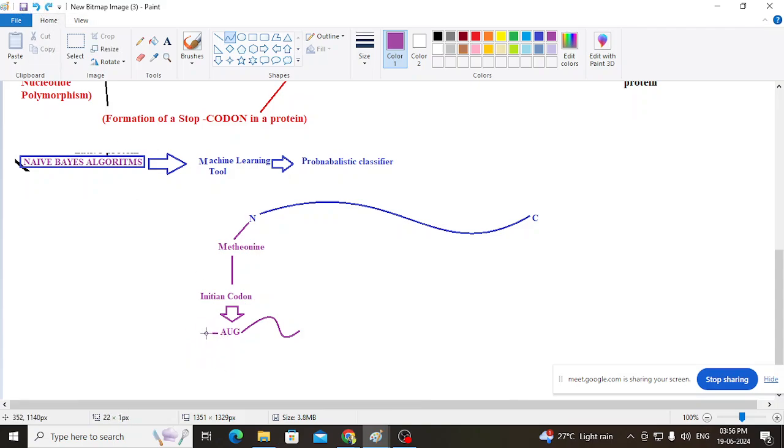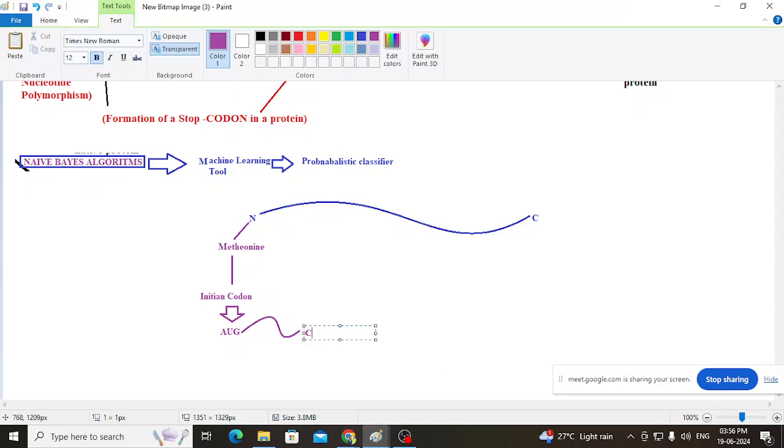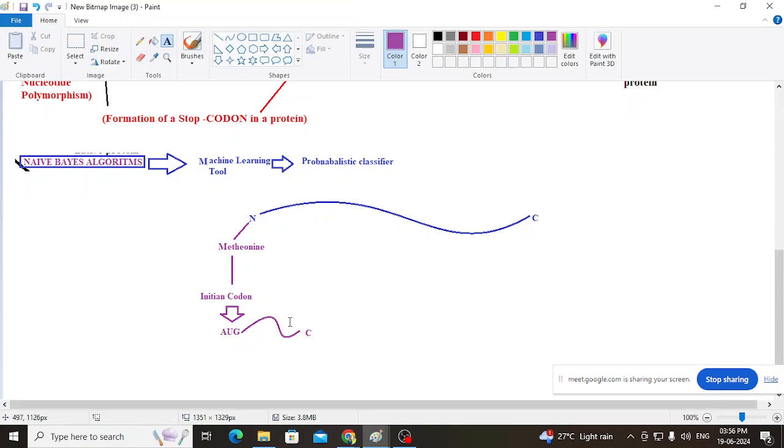So AUG will be the N-terminal end, and here it is the C-terminal end. It started with AUG.